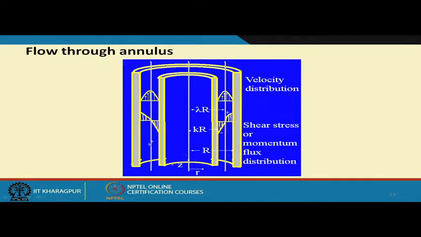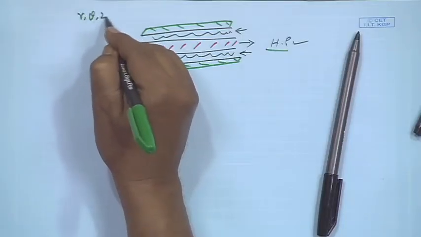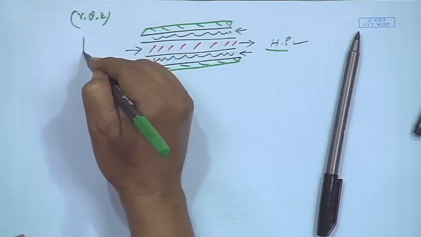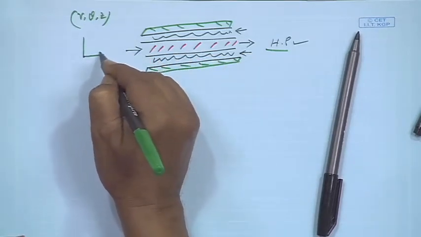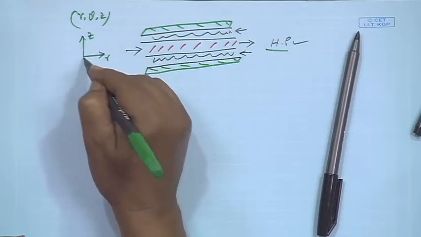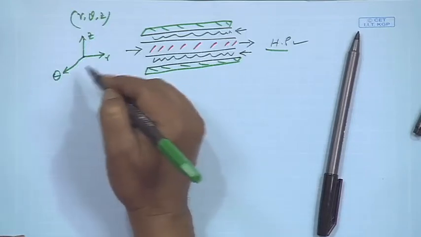This being cylindrical, we follow the r, theta, z coordinates, right. Here r is this and z is the vertical, and no other dimension is there.